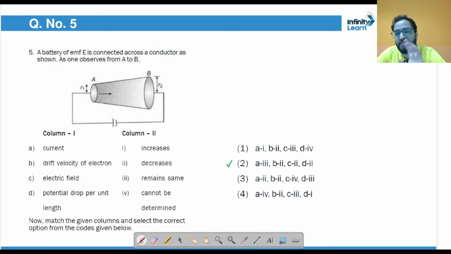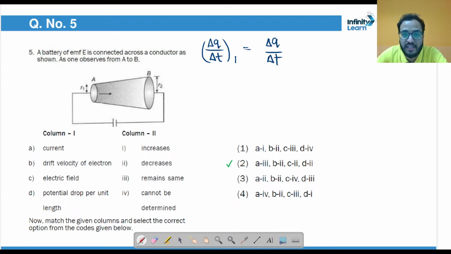Fifth question. Now one important thing I want to explain to you: whenever a wire does not have a uniform cross section, then the amount of charge per unit time at the entry or at any point, let's say I equals delta q by delta t at entry and delta q by delta t at exit, that means I1 must be equal to I2.